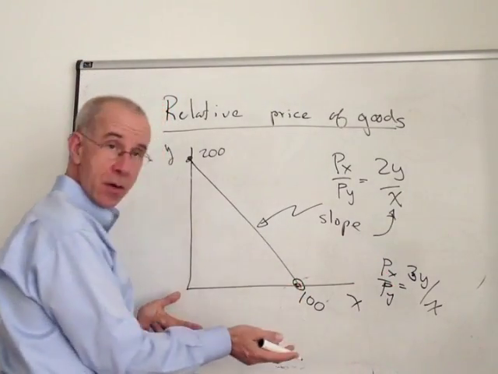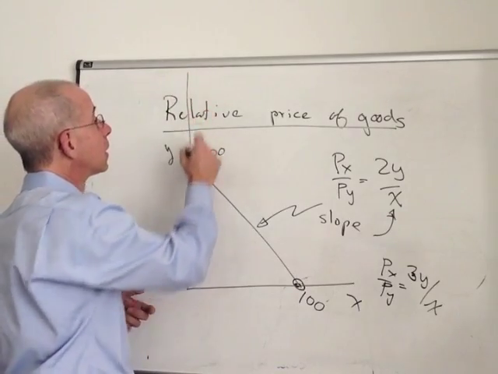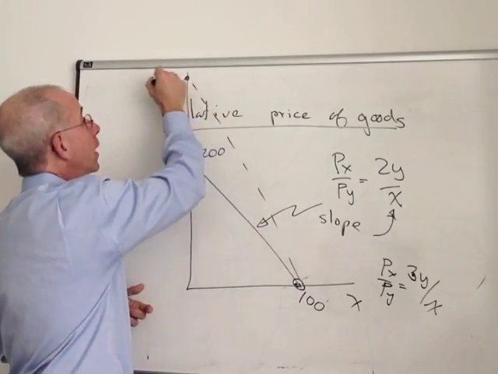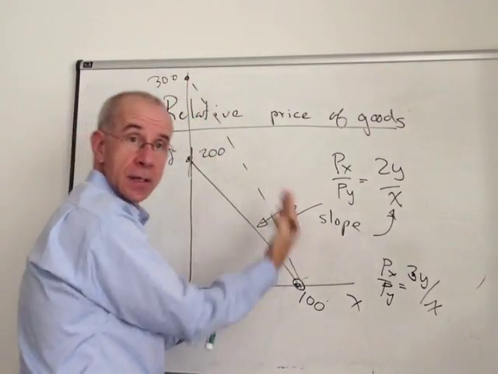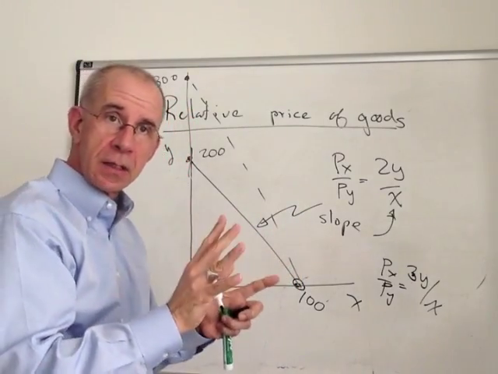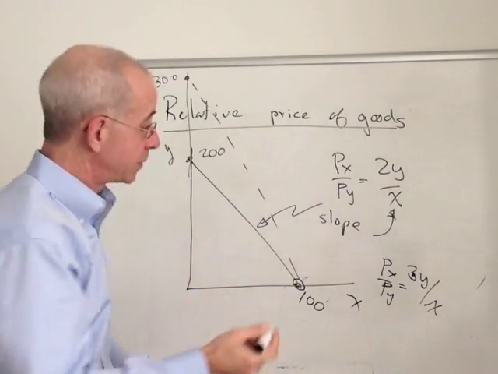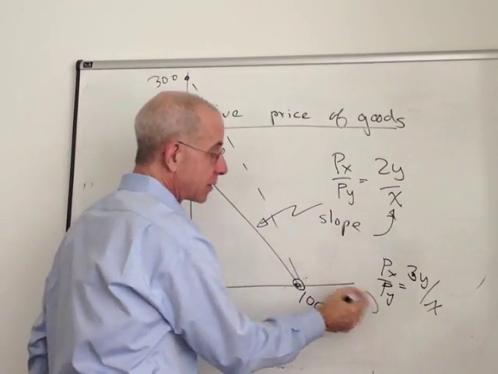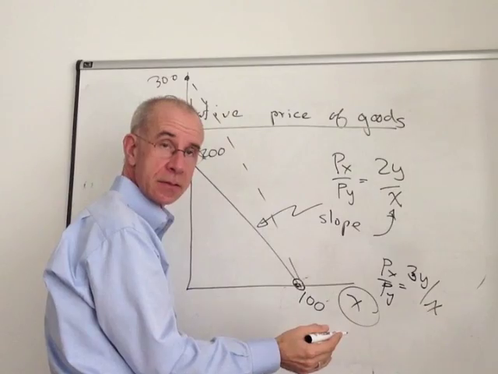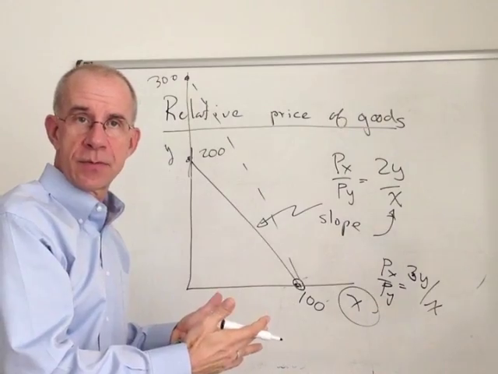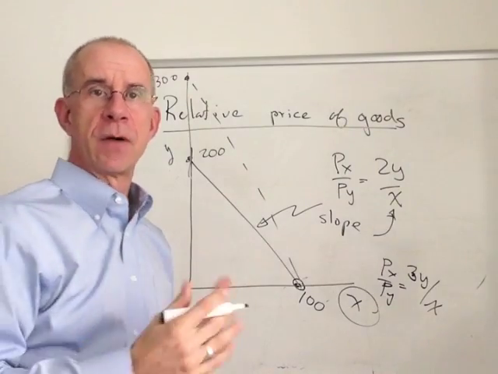If you started out with 100 units of X, you'd be able to get all the way up to 300, a steeper line. So that is a trick that we'll be using any number of times, where essentially the steeper this price line, the higher the price of the good on this axis. So this is a very important relationship that we'll see any number of times, so we need to become very familiar with this.